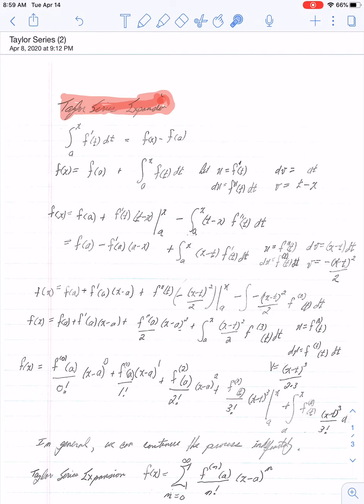Okay, and so integration by parts, I have to let u be something and dv has to be something else. Well, by the way, maybe we should make this correction now. This is f prime.